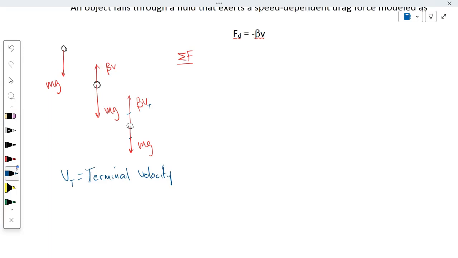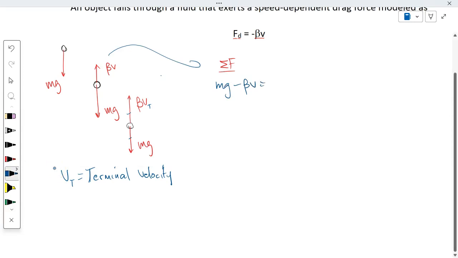It's the velocity at which this object no longer accelerates, because the drag force has gotten to be the same size as the object's weight. Okay, so let's generically take a look at an object at some instant like this. So here's net F: mg minus drag force equals ma.